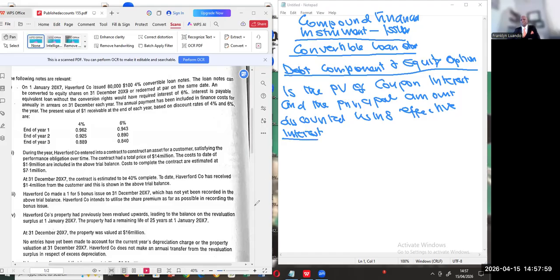Now, it's very important to understand the effective interest. Effective interest is the interest of similar loans, but without the conversion option. That becomes the effective interest.